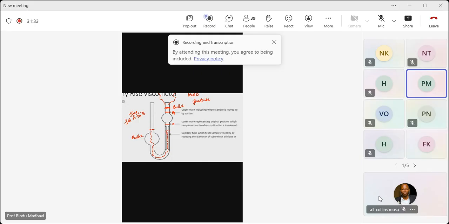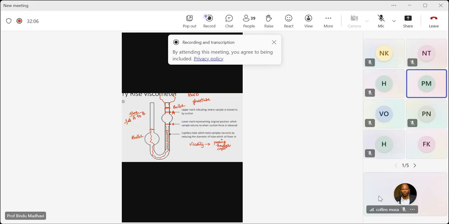When the liquid is falling from A to B, it is passing through the narrow capillary, isn't it? Yes. So viscosity of the liquid plays an important role when the liquid is passing through the capillary.